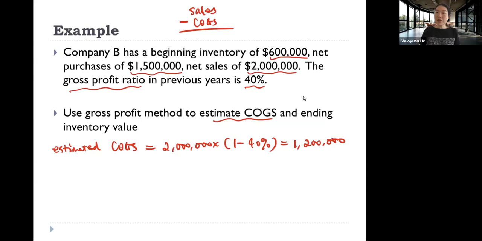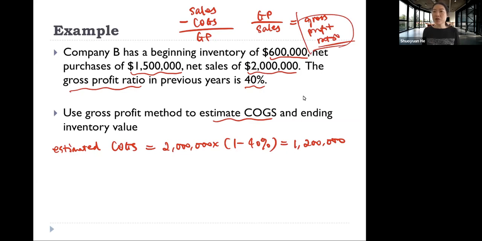And then the gross profit ratio is basically the firm's gross profit divided by the firm's net sales. So this is the gross profit ratio, and we take this number from the previous years.